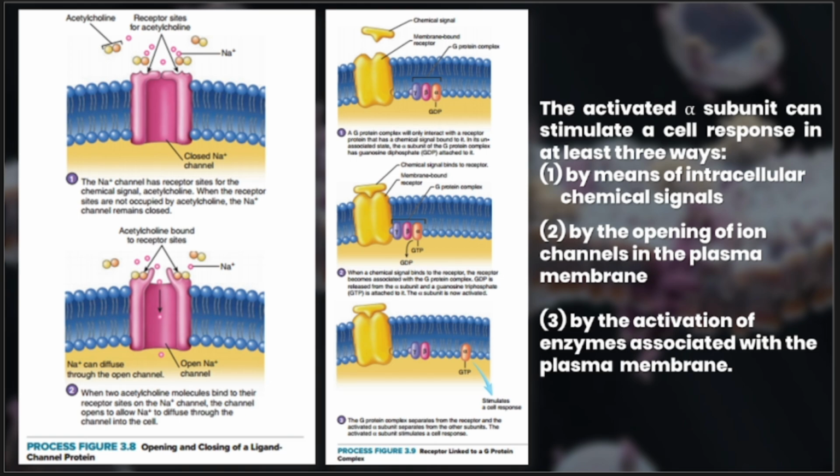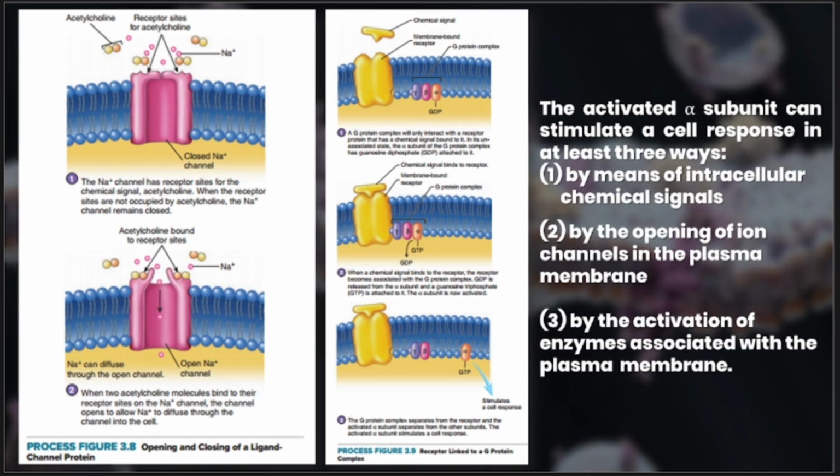Through the activation of the receptor, it will cause a change of shape. This activation would trigger the G protein inside the cell to bind to GTP. Your GTP is a type of energy molecule, and if it binds to GTP, it becomes activated.